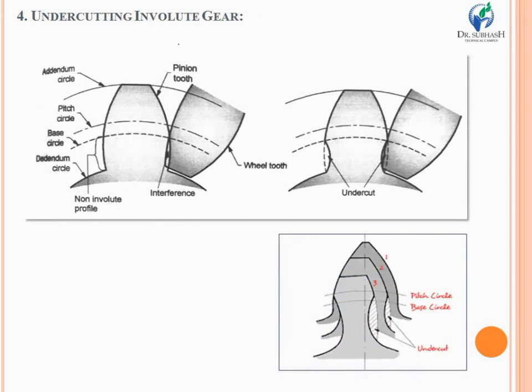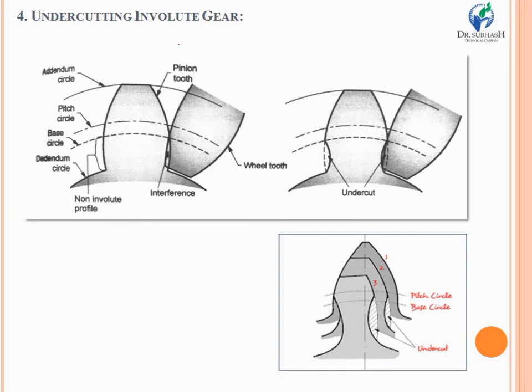After that, there is a very similar phenomenon that happens along with interference, that is the undercutting of involute gear. Look at the diagram. There is a pinion whose base circle is larger than its addendum circle. In such a case, where the base circle is larger than the addendum circle, what happens?